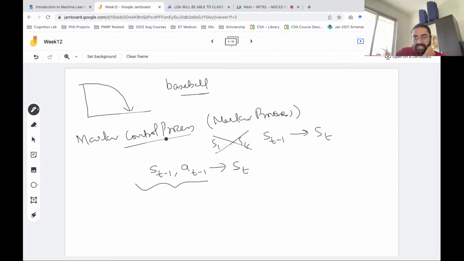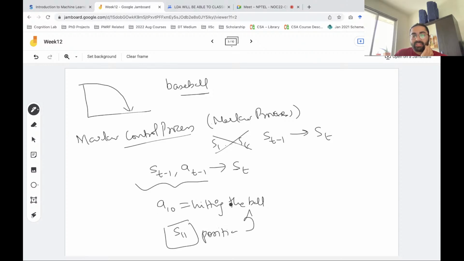So in the case of baseball, for example, if at time instant 10 the action was hitting the ball, then the trajectory that the ball starts to traverse will change. So S11, the position at S11, depends on this action, right?